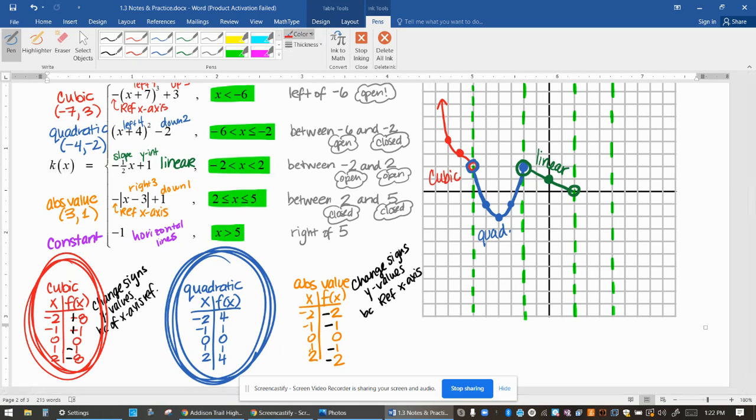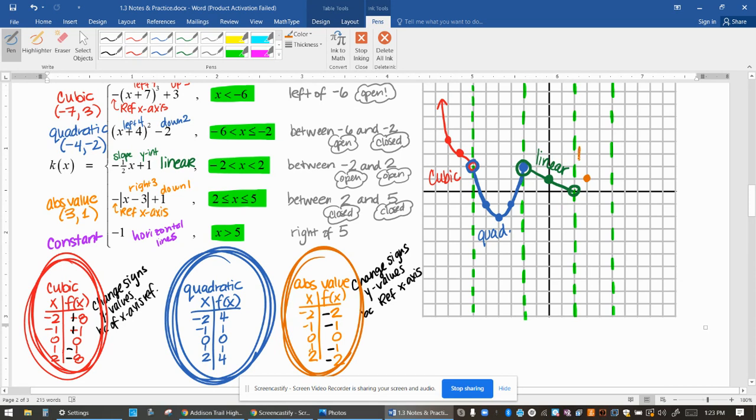So now I'm on the absolute value function. The absolute value function has a new origin of 3, 1. It opens down because it was reflected over the x-axis. That's why we changed the y values. So I'm going to follow the pattern of left 2, down 2. But guys, that's not going to be between 2 and 5. So that left 2, down 2, I don't want to plot that point because that's not within the range.